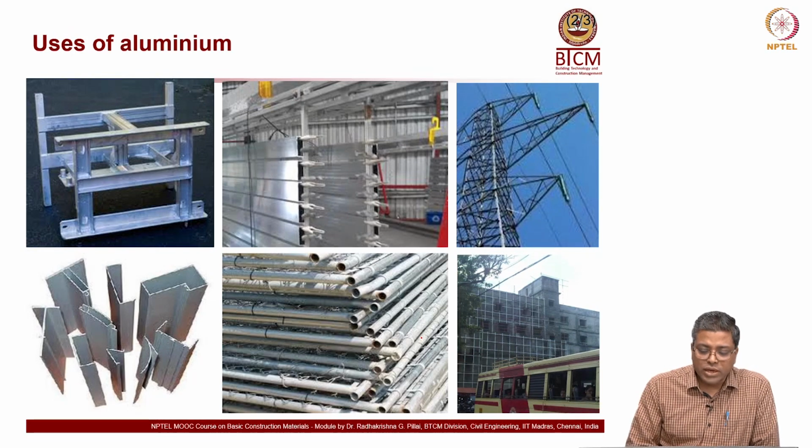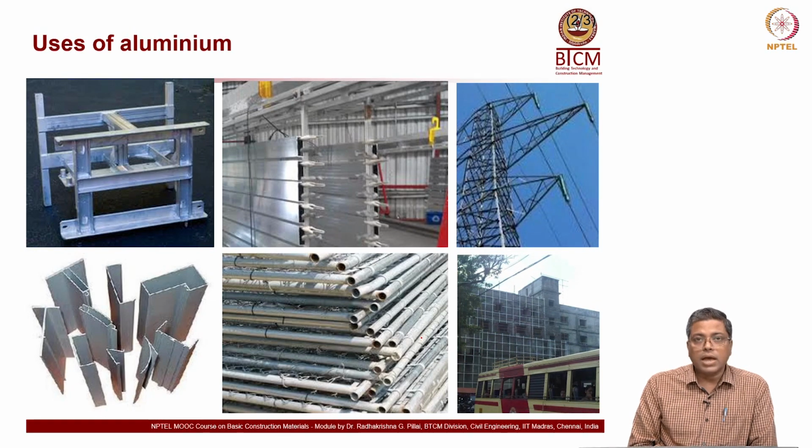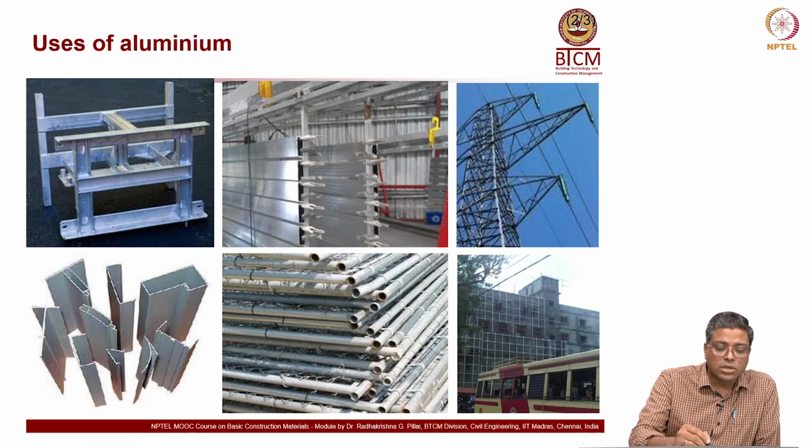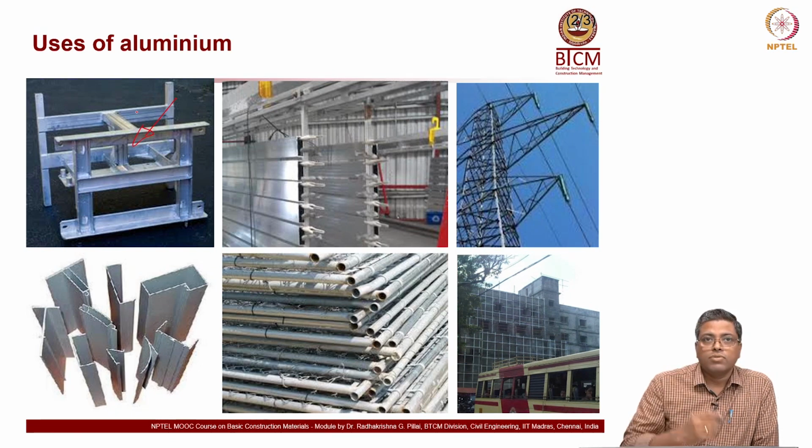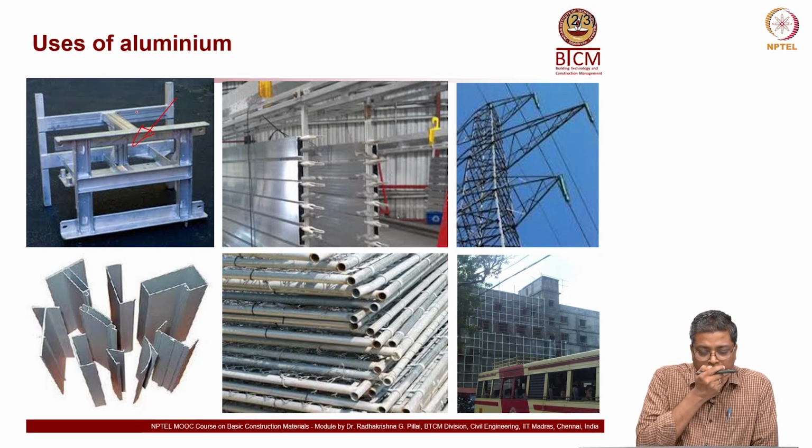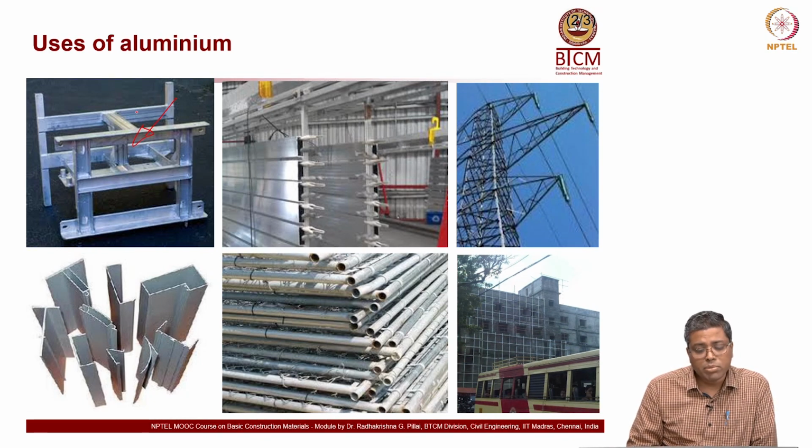Now, these are some of the examples to show you where aluminum is used in civil engineering construction. Okay. The first picture on the top left is just some frame structures, which may not have very high structural strength requirements; in cases with small loading capacity, we can make things with aluminum.